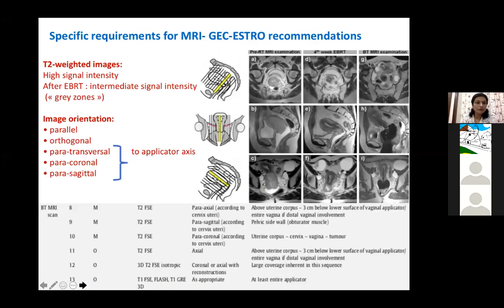So for this concept, there are specific requirements from the JEC-ESTRO. You need a T2 weighted image, which is a high signal intensity image, and the MR is usually required at diagnosis and at brachytherapy.